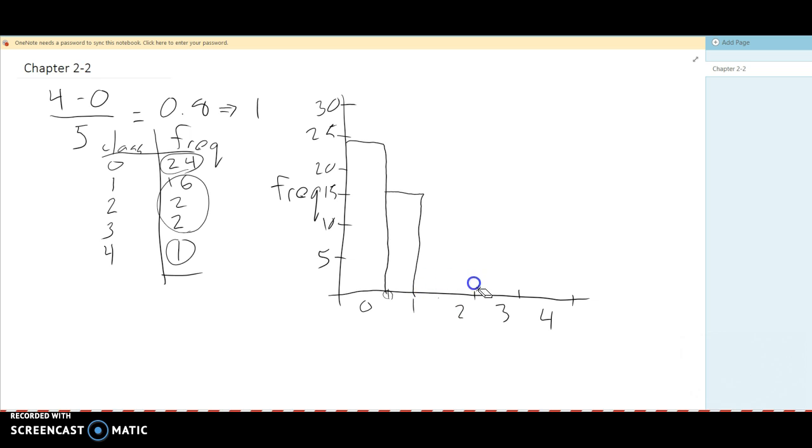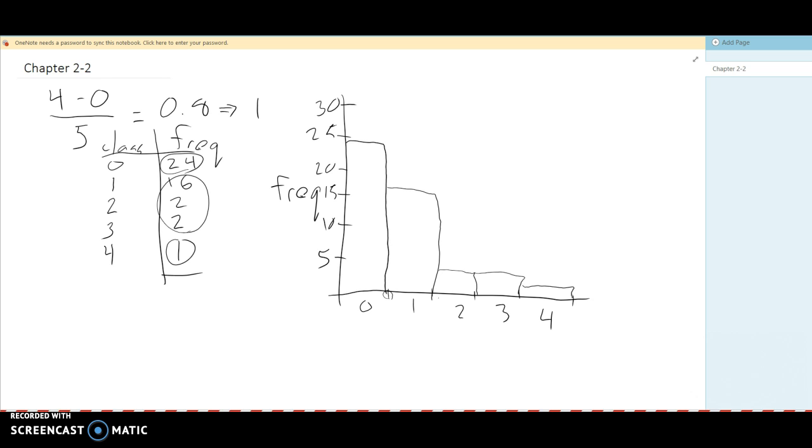So erase that. That one's 0. Oh, I see what I did there. So that's 16 here, and then we have two that are 2s, so we go like that and like that, and then the last one should be about half of that one, like that.